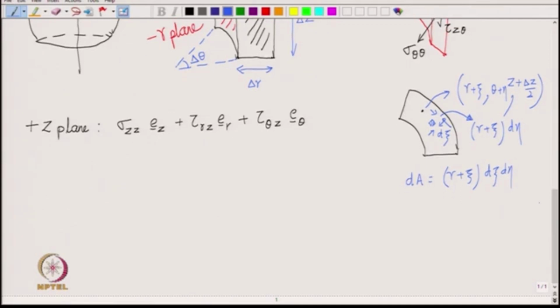So, what is the total force? So, force on the z plane due to traction.